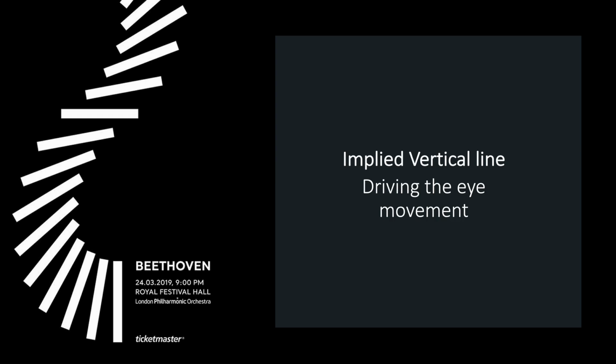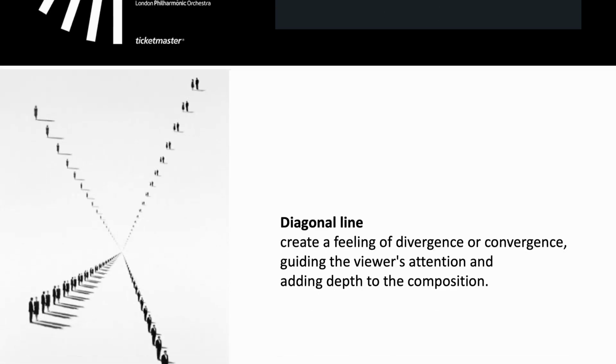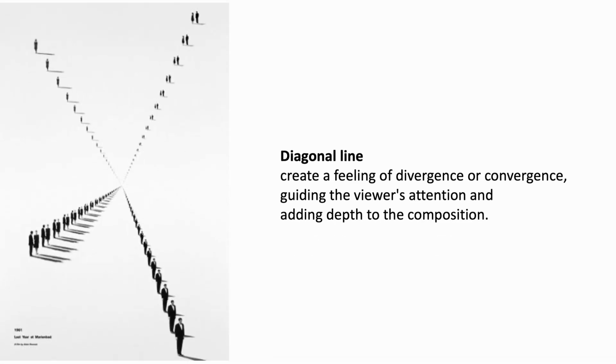In this one, along with other lines, the implied vertical line is at prominence, driving the eye movement. In this one, diagonal lines create a sense of divergence or convergence, guiding the viewer's attention and adding depth to the composition.